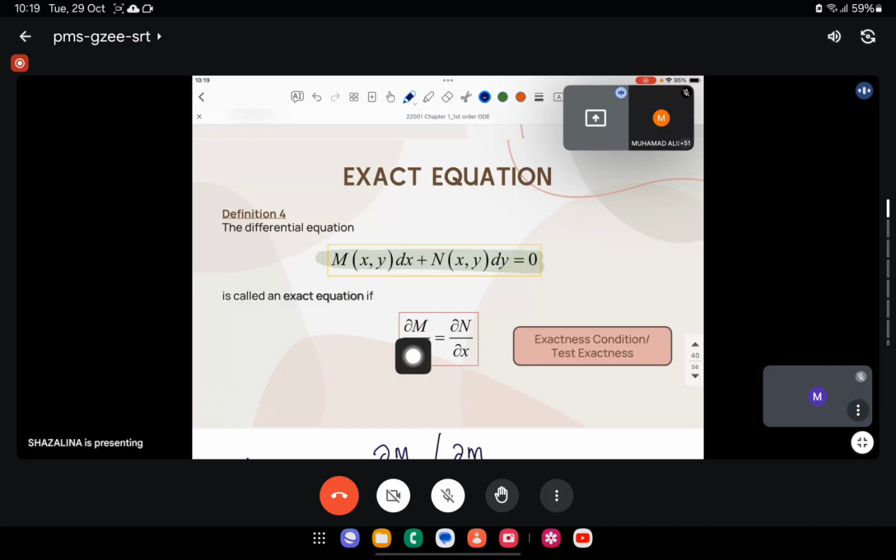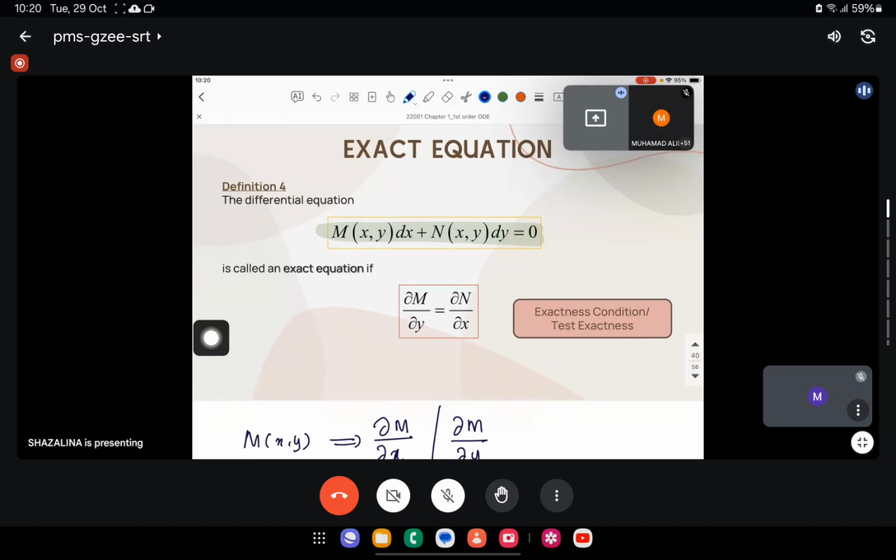If the differentiations are equal, then we declare it an exact equation. If not, it's okay. The equation is just not an exact equation, maybe it is linear or separable. So don't worry if you find a not exact one in the Cengage exercise. Just state it as not an exact equation.